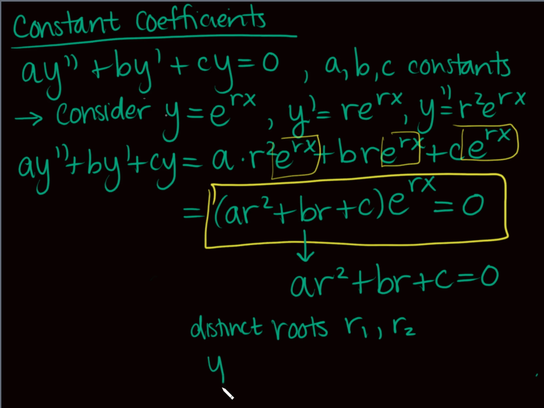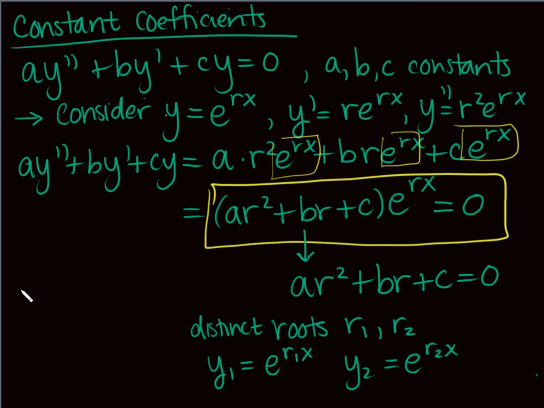Then look at what we have. I have two solutions: y sub 1 equals e to the r1x, and y sub 2 equals e to the r sub 2x, because each of these r's makes this whole thing 0, which makes this a solution.